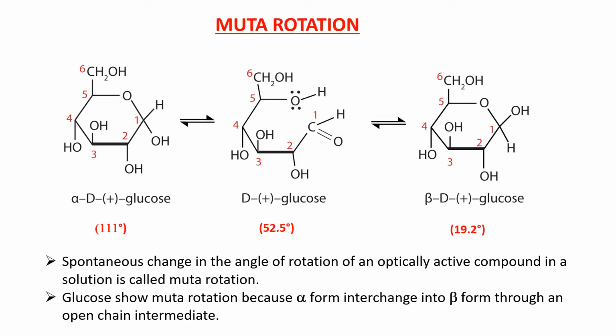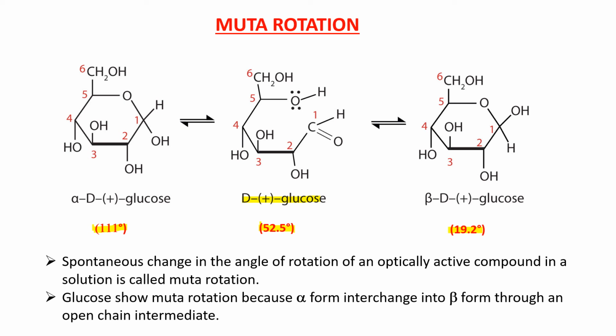So when glucose is put into a solution, the three forms, which are the open chain form, alpha form and beta form, all exist in equilibrium. The alpha form has an angle of rotation of about 111 degrees and the beta form has an angle of rotation of about 19.2 degrees. So the alpha form interchanges into the beta form through an open chain intermediate, and hence the net optical rotation of that solution comes out to be 52.5 degrees.